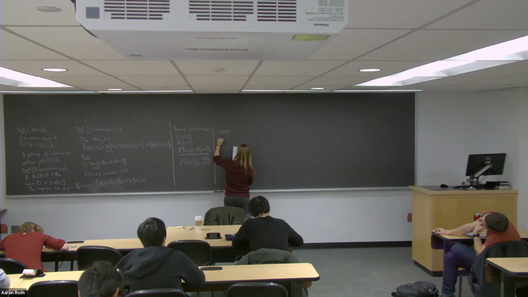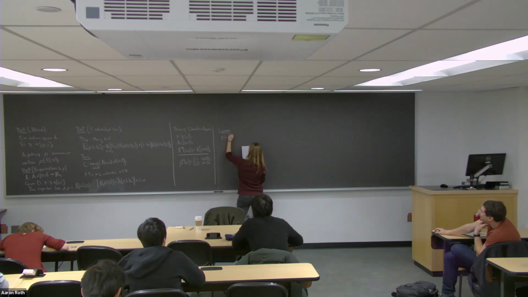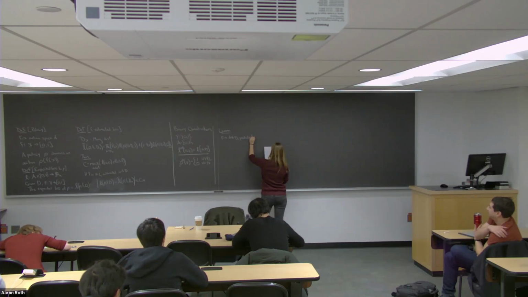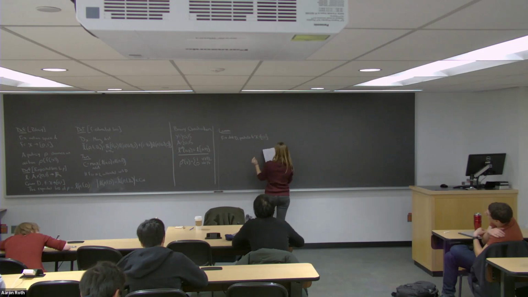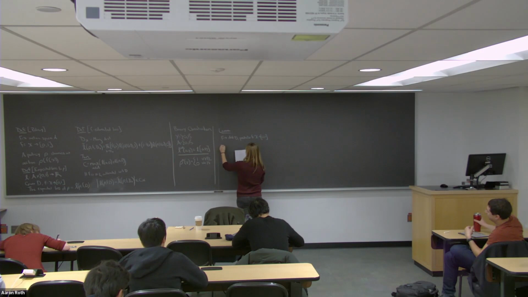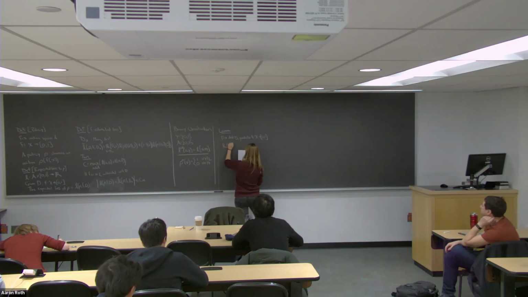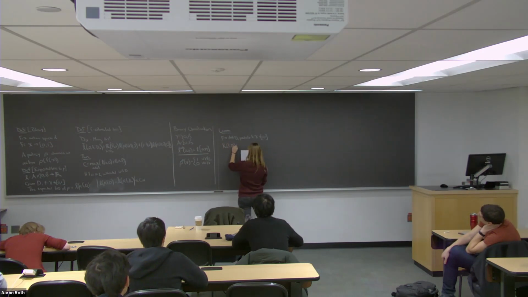We're going to fix the distribution D. Fix your predictor F, which outputs probabilities. And we'll say that the L1 calibration loss of F with respect to D, or the calibration error, I should say, is alpha.